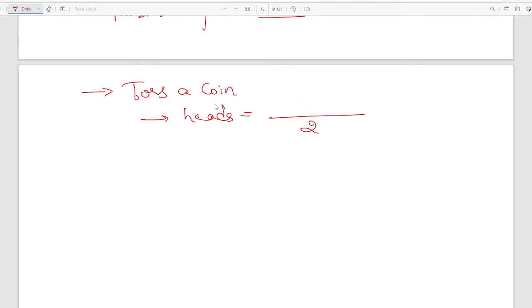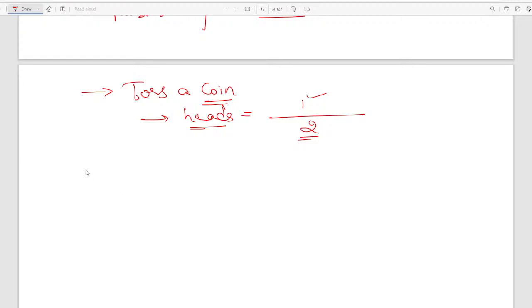There is one face with head and one face with tail. So the probability is 1 by 2. 1 is the number of faces that is heads, and then there are two overall possibilities, that is one head and one tail. That is 2. The probability of getting a head when you toss a coin once is 1 by 2.